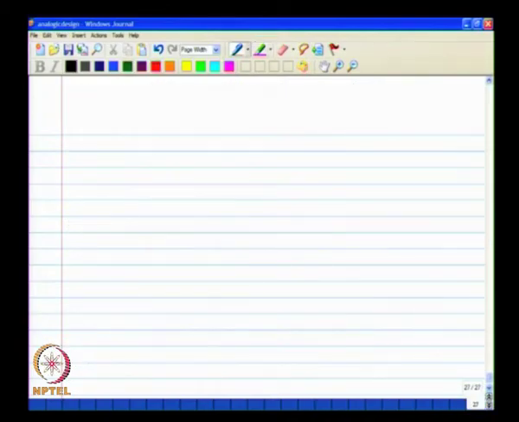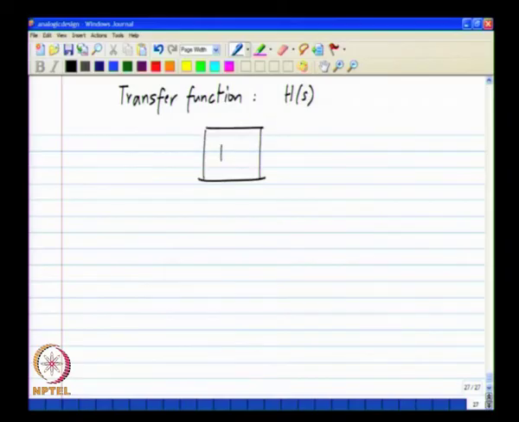We know that if the transfer function of the system is h of s and you apply an input, let us say V p cos omega t, to such a system, the output will also be a sinusoid, and we know what sinusoid it is going to be.